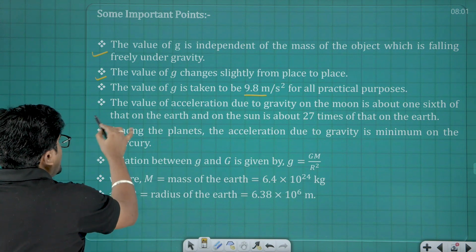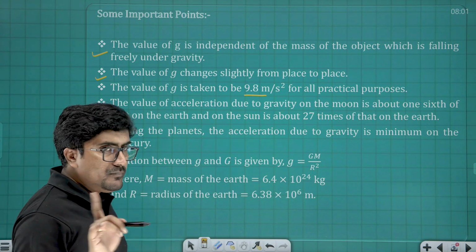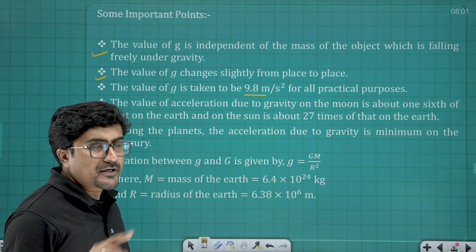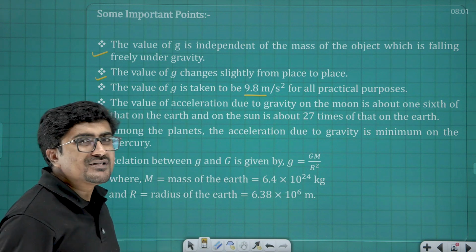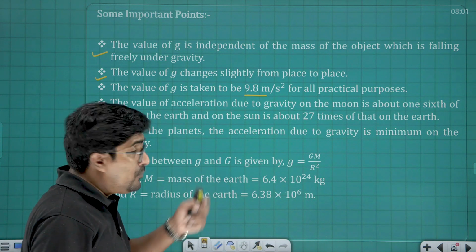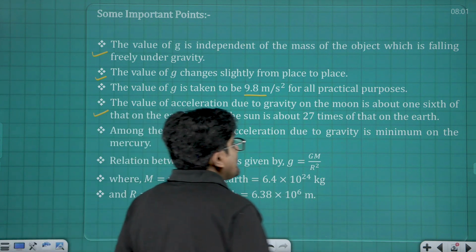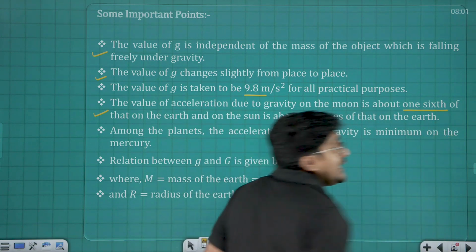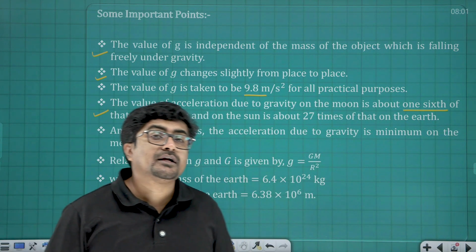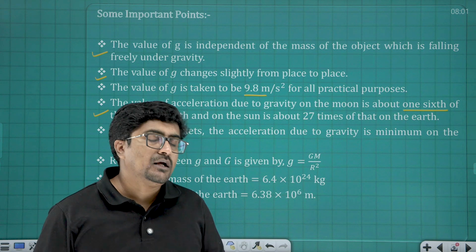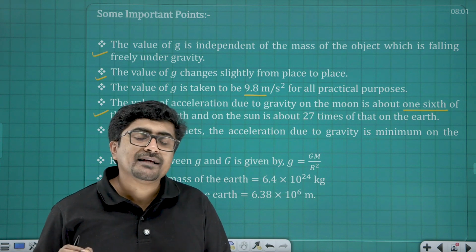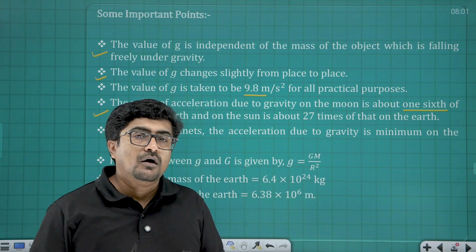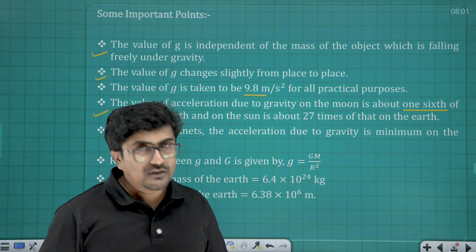All right. Next one is its comparison with respect to that of the moon and that of sun. Related to moon, there were questions many a times. If we take the acceleration due to gravity on the surface of the moon, approximately it is 1/6 of the acceleration due to gravity on the surface of the earth.